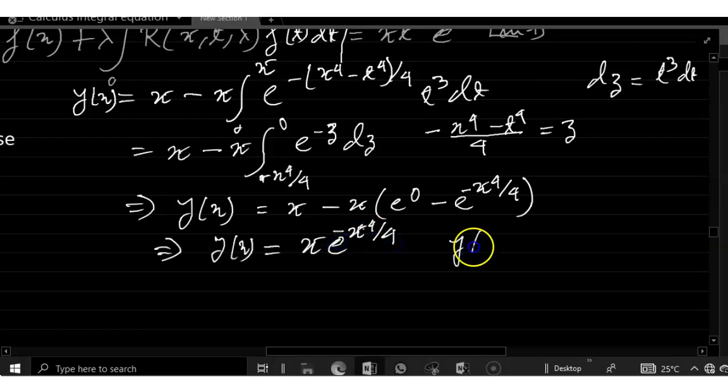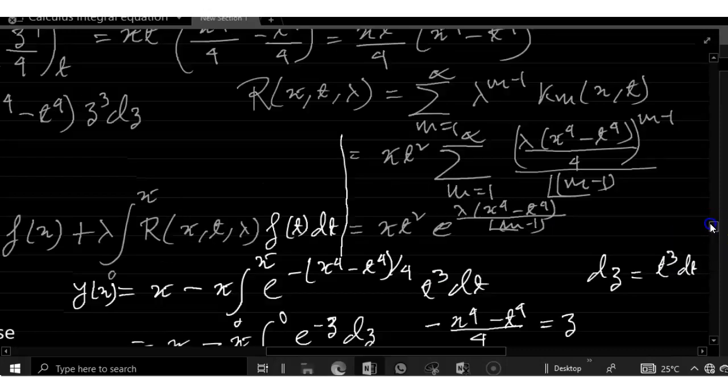So y(root 2) equals to root 2 e inverse.